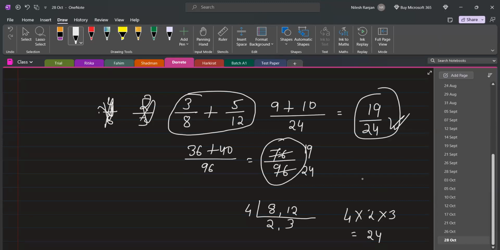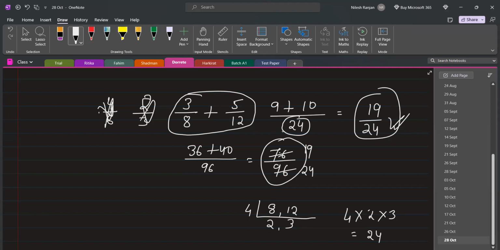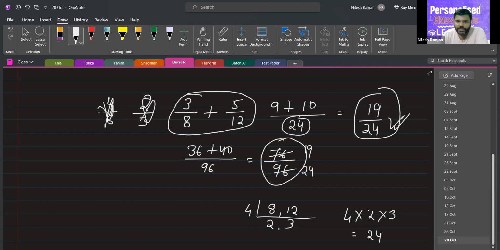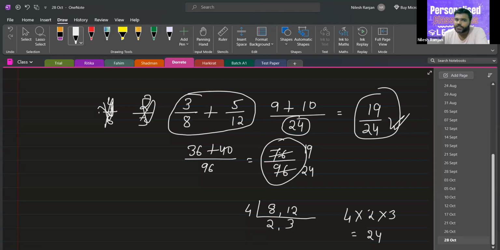Okay, sir. Got it. So I have written this 24. And then 24 divided by 8. How much will you get? 3. That 3 will multiply with this 3.